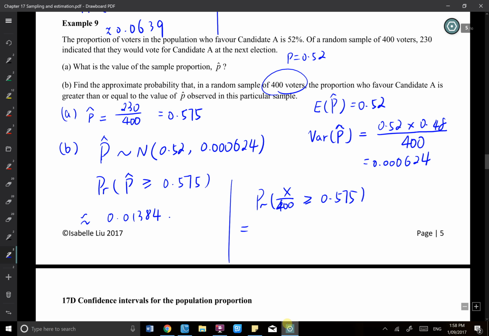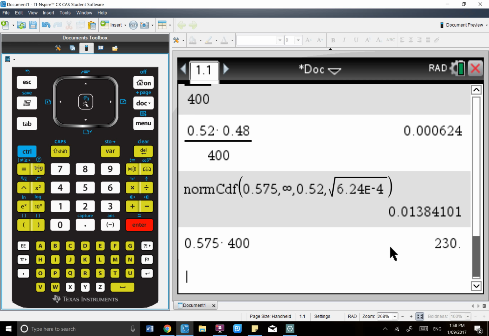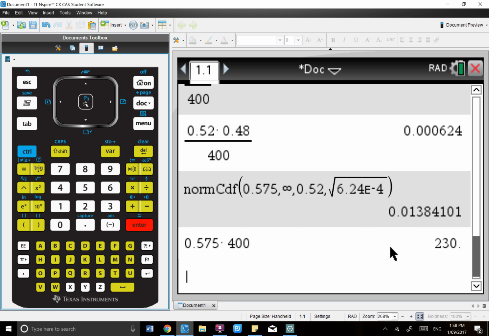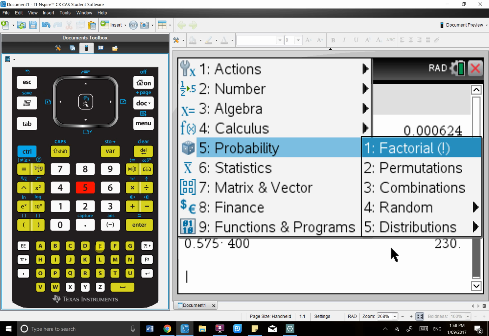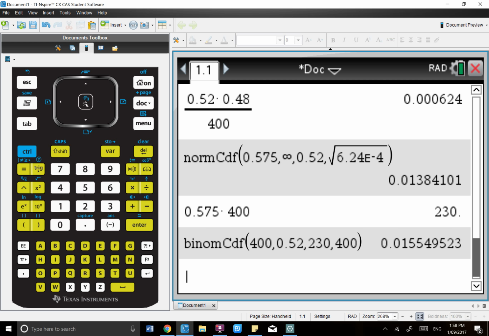So you find the probability that X is greater than or equal to 0.575 times 400, that's 230. And then that's a binomial distribution. Menu, 5, 5, E. So n is 400 with success rate 0.52, the lower bound is 230 and the upper bound is 400. And that's 0.01555.